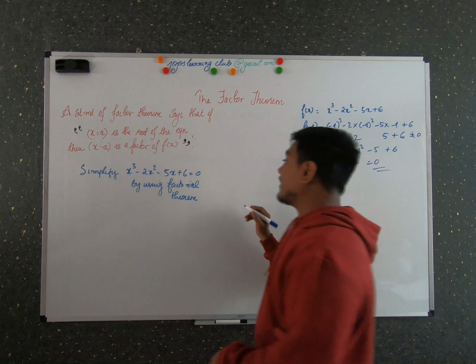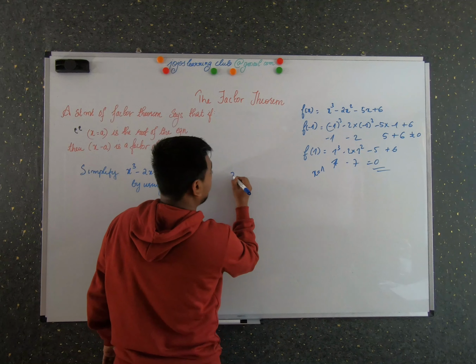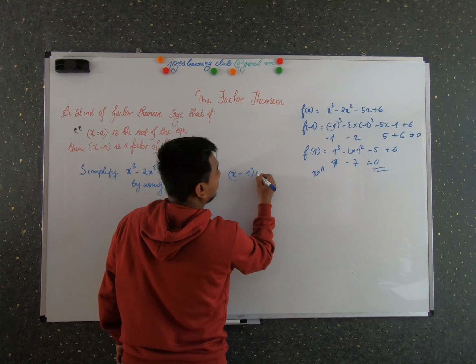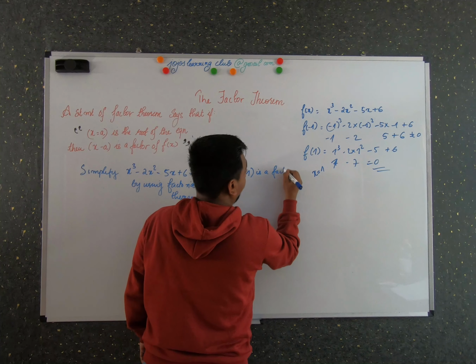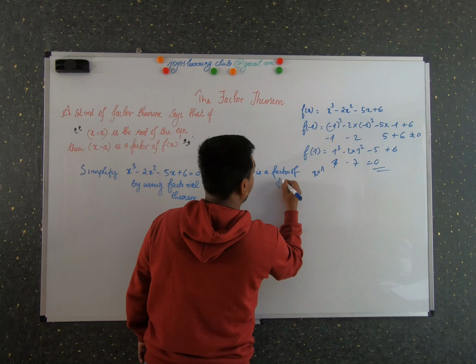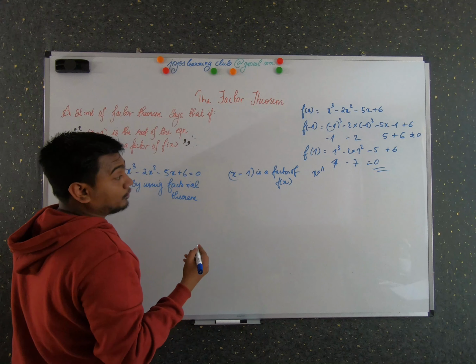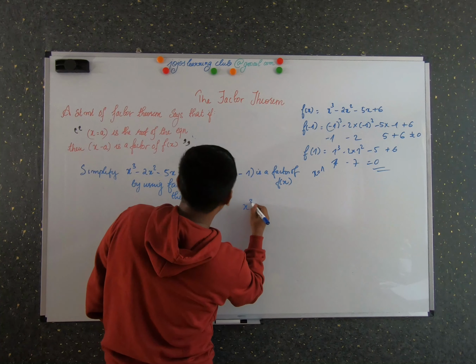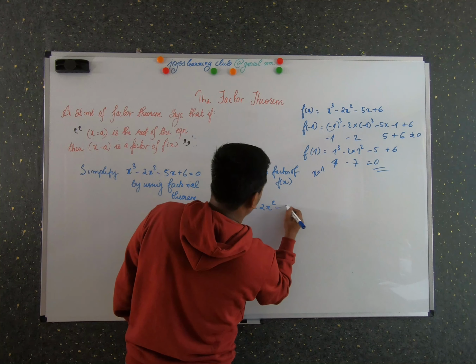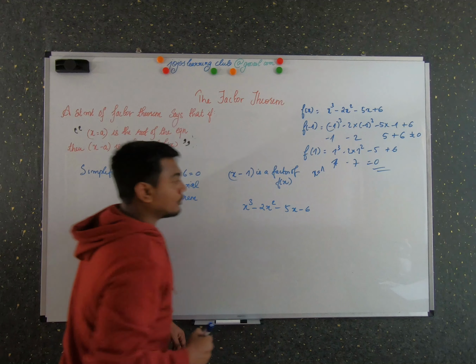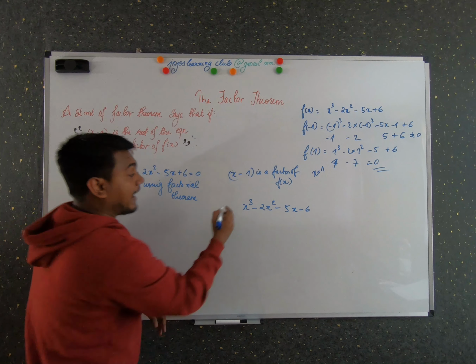So you can simplify it and write it as, now x minus 1 is a factor of f of x, or this cubic equation. And now you can break it down, x cube minus 2x square minus 5x plus 6.